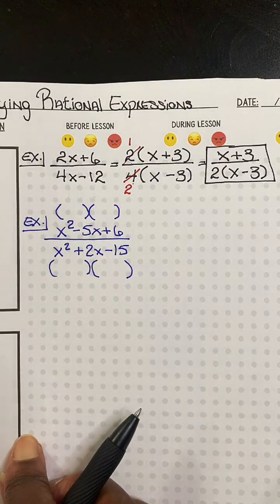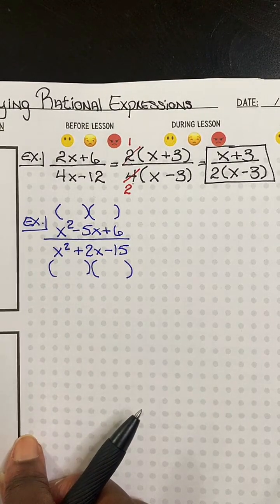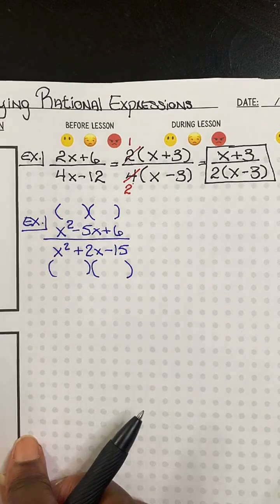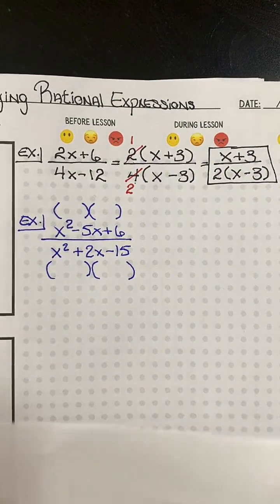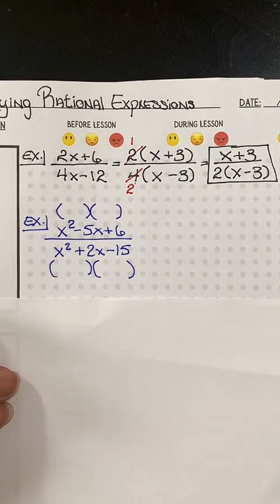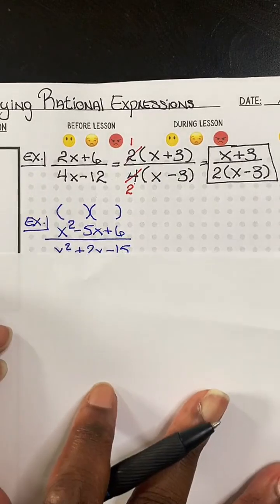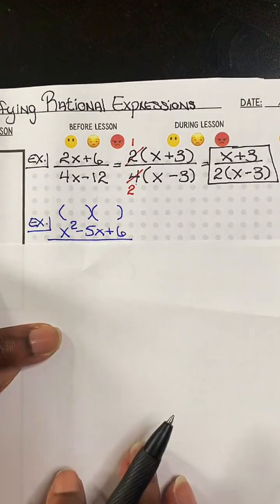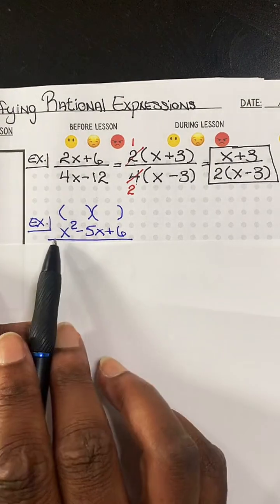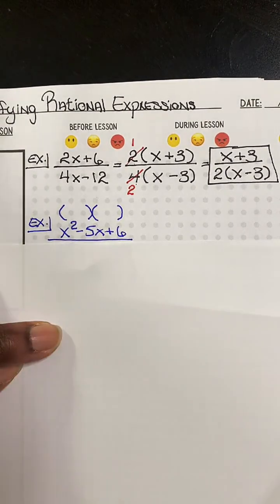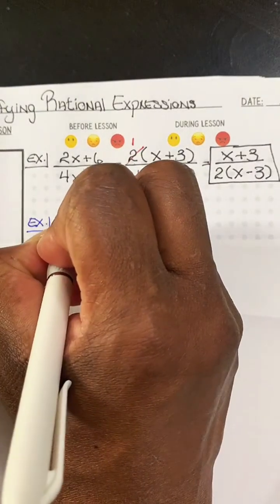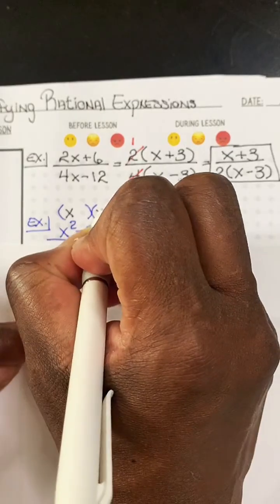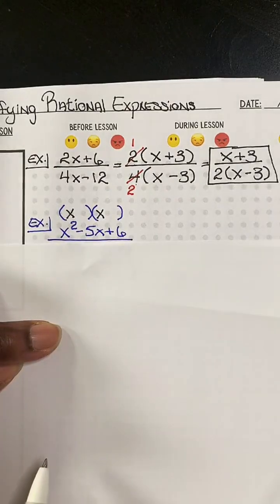For most of you who have probably never seen my lives before, I like to take things step by step. So I'm going to cover up my bottom one and focus on the numerator. Since my leading coefficient is 1, right away I'm going to split my x's. There's going to be 1x there and 1x there.